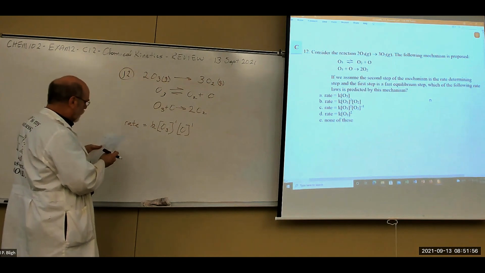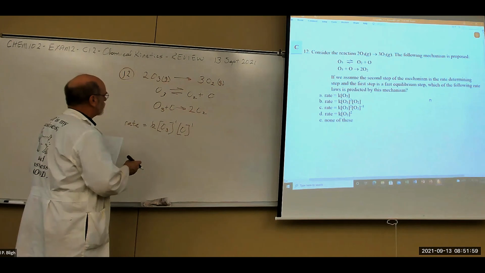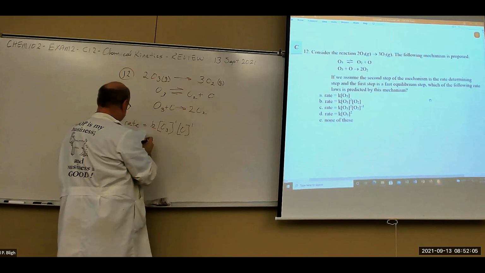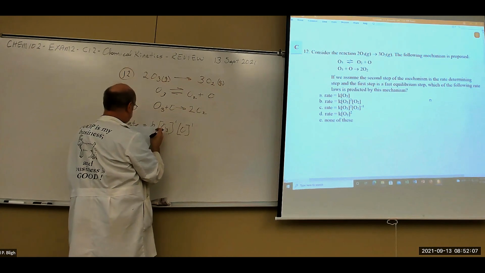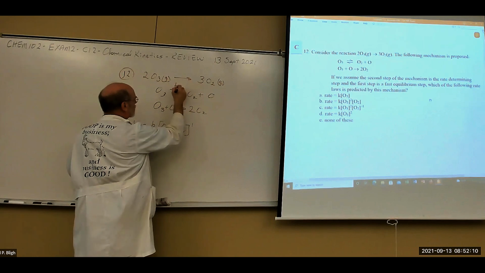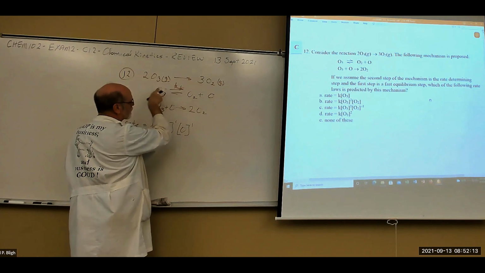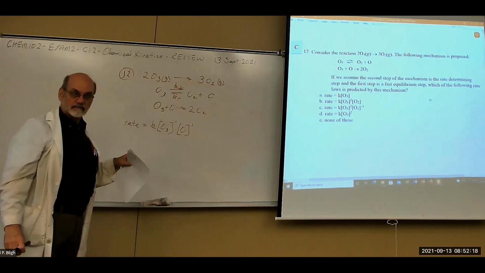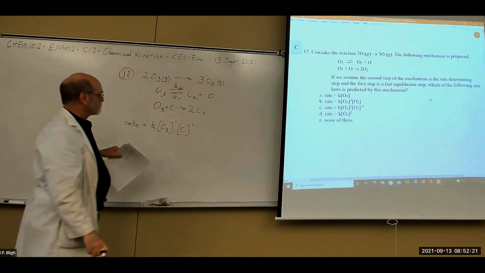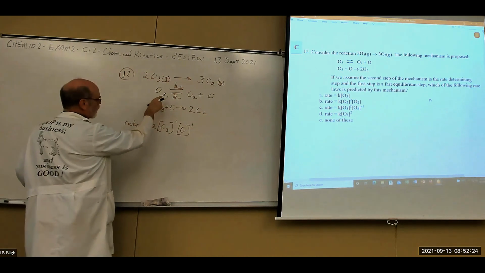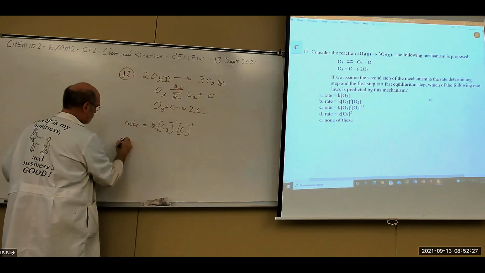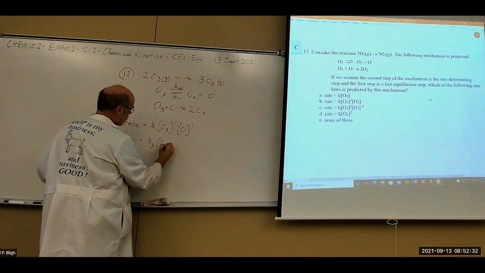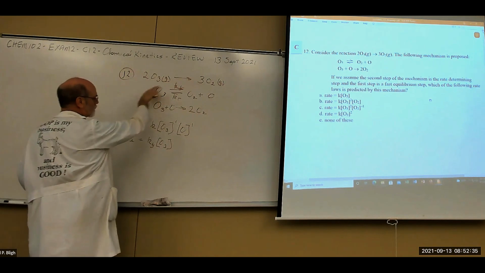All right, so let's write the rate for this one, forward and reverse. Let's say this one has rate constant K forward, and this one is K reverse, going back the other direction. So the rate for this one equals K forward times O3. That's forward.